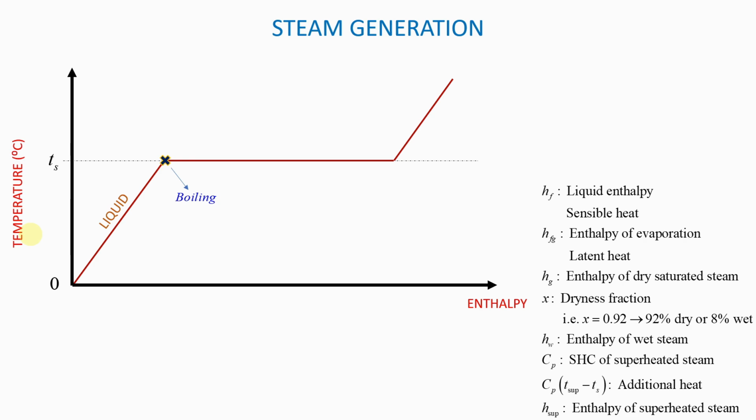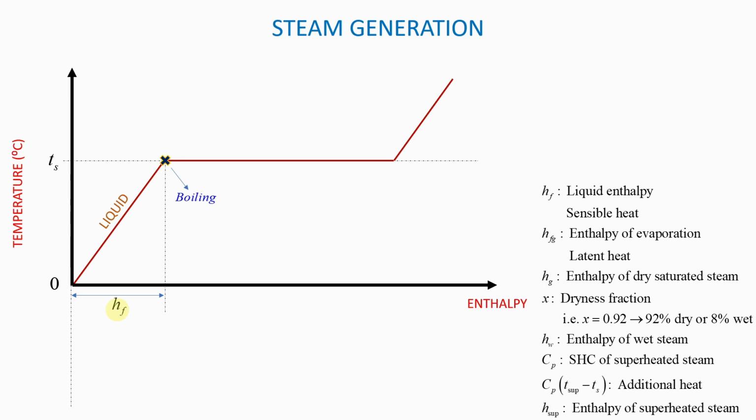But from the place where the temperature is 0 in the water to the boiling temperature of the water, the state of the water is just liquid. And the amount of heat that you need to provide to the water to raise it from 0 to boiling temperature, that heat is what we call HF.